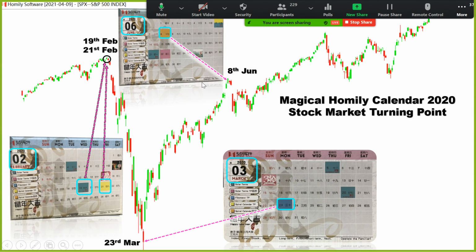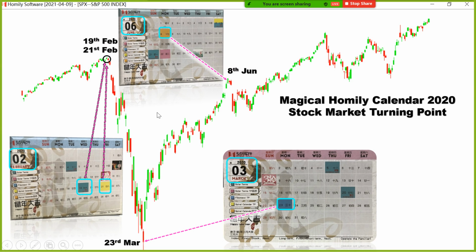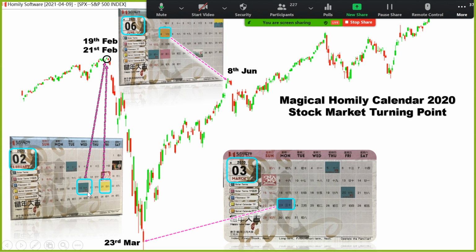For this year, our calendar for February 19th and 21st was very accurate in forecasting the top. The calendar for March 23rd was very accurate in forecasting the bottom of the USA market. And the 8th of June forecast the turning point before the sharp drop in the USA market.